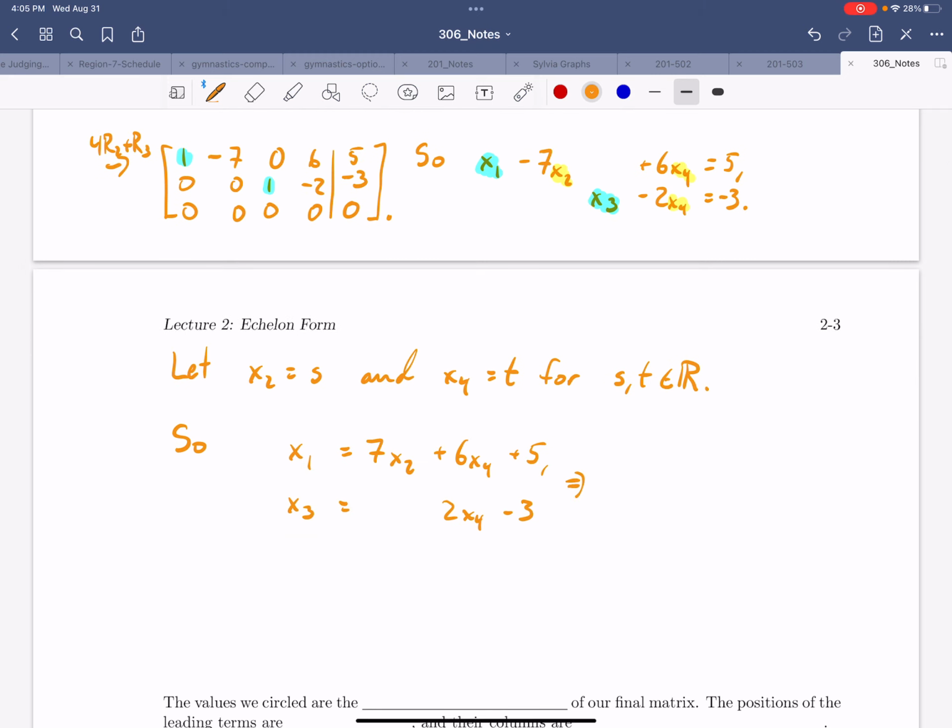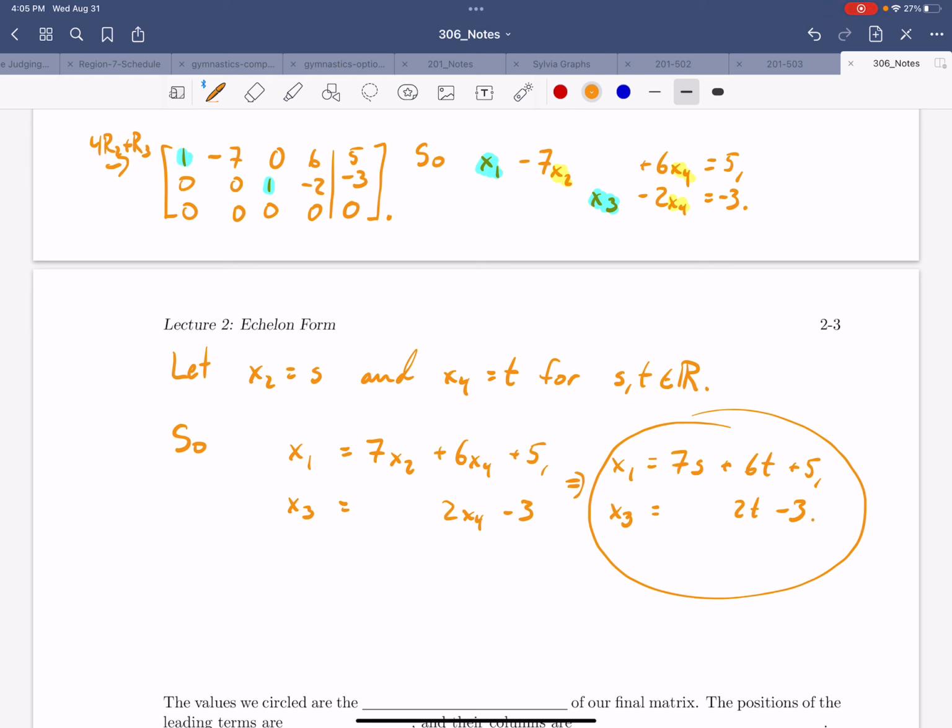Or another way to put that is x1 equals 7s minus 6t plus 5. And x3 equals 2t minus 3. Okay? So this right here is our solution.